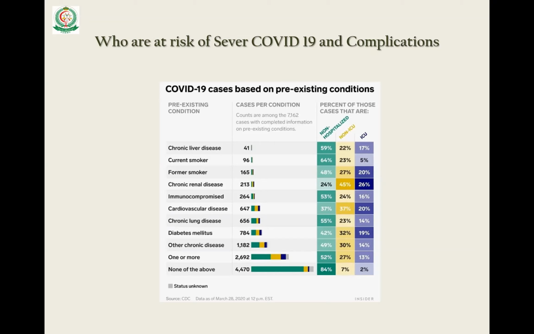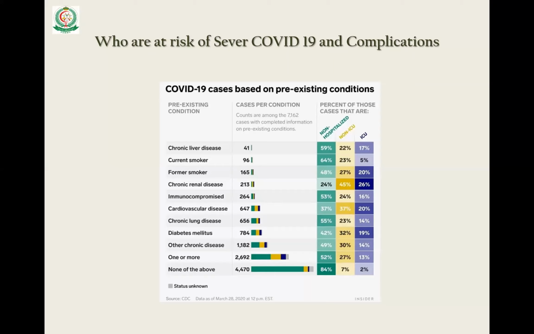For the diabetic patients, 42% did not require hospital admission, around 60% required hospital admission, 32% to the ward, and 19% to the ICU. Other group of patients had other chronic illnesses with the same proportion. Around 49-50% did not require hospitalization, 50% required hospitalization, 30% in the ward, and 14% in ICU.